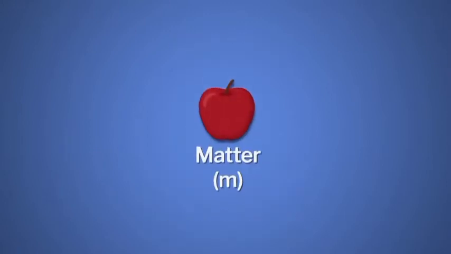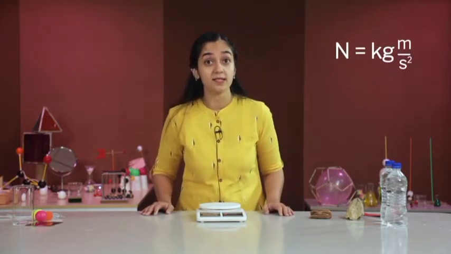Mass is simply the matter. We seem to measure mass and weight both in kilograms, grams, milligrams or pounds, but the actual measurement unit of weight is Newton. Since the value of gravitational acceleration is constant all over the earth, we simply measure weight in the units of mass.